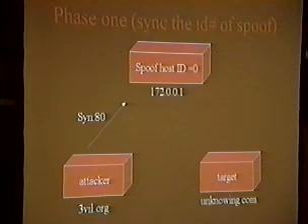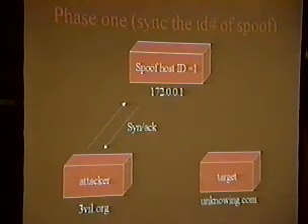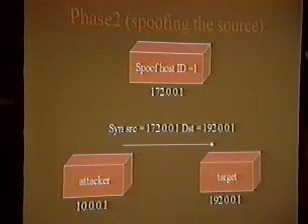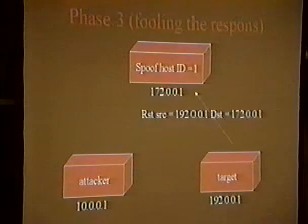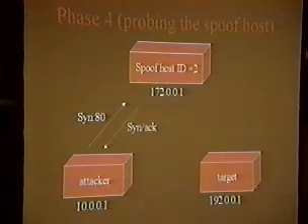Basically, we send our SYN packets, we get the initial ID number, which is 1, and we spoof our packets. The target sends a reset to the spoofed host, and the spoofed host won't respond to a reset packet, so its ID numbers won't increase. So his ID number will still be 1, and then we poll again.